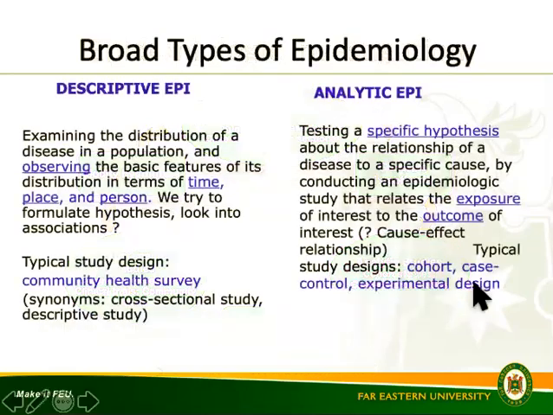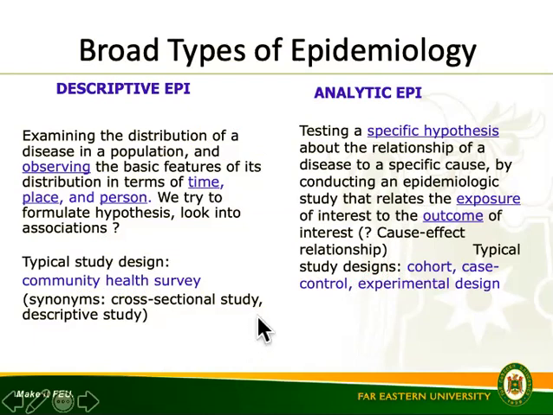To elaborate some more, there are two broad types of epidemiology, the descriptive and the analytic. As we mentioned a while ago, descriptive epidemiology examines the distribution of disease in a population and observes the basic features of its distribution in terms of time, place, and person. So we try to formulate hypotheses and look into the association, and the typical study design for descriptive epidemiology is the community health survey, which is also called a cross-sectional study or a descriptive study.